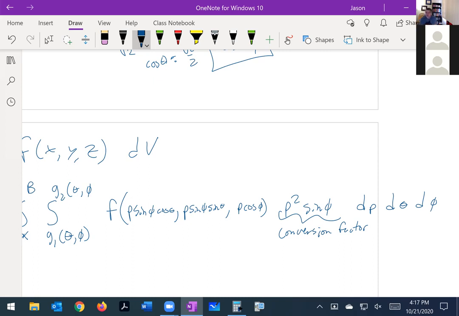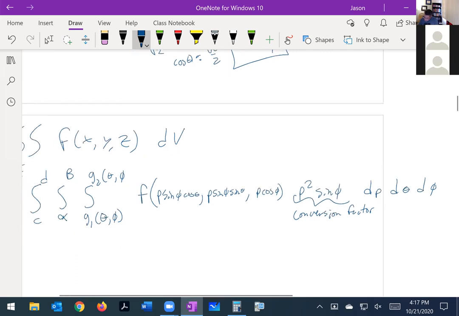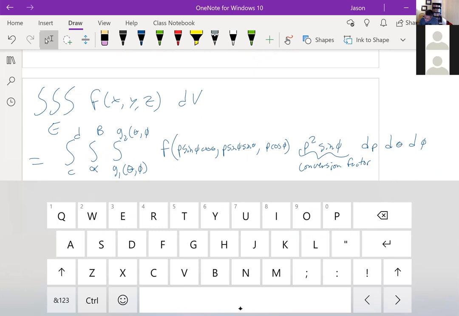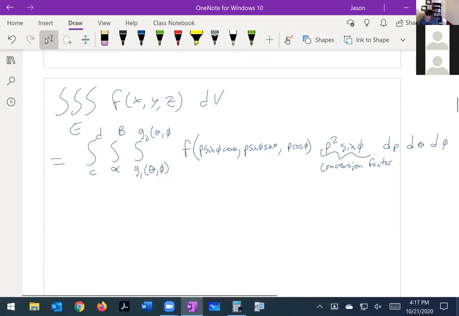I keep that order for these problems. Don't forget your conversion factor. Think of it as r squared sine phi, but in this case r is rho.